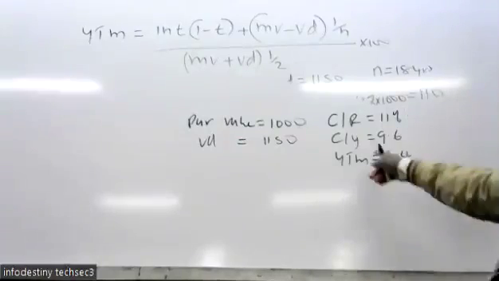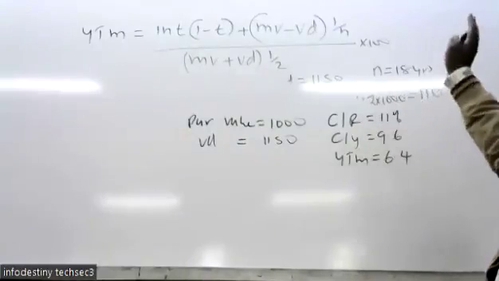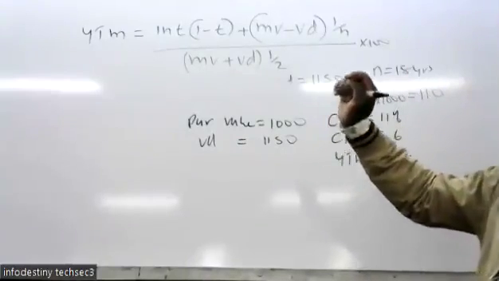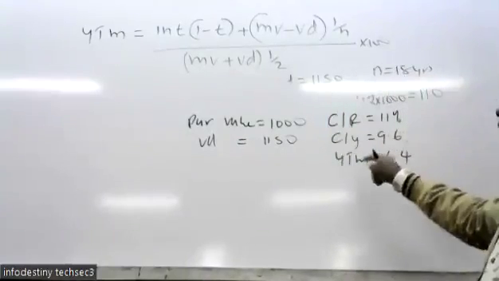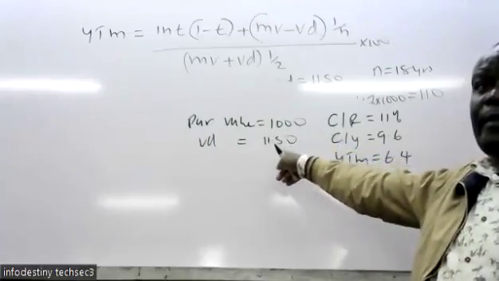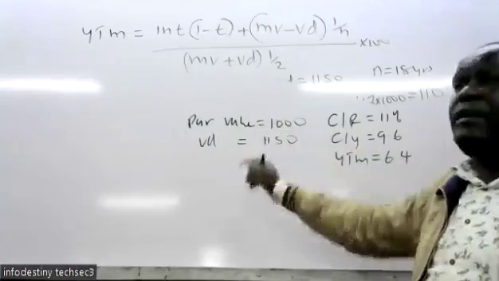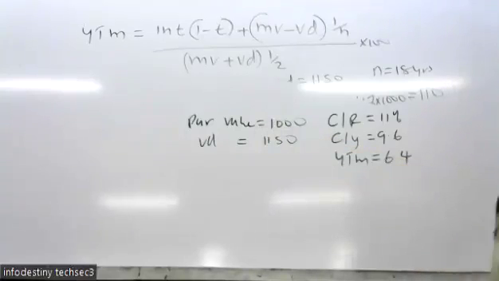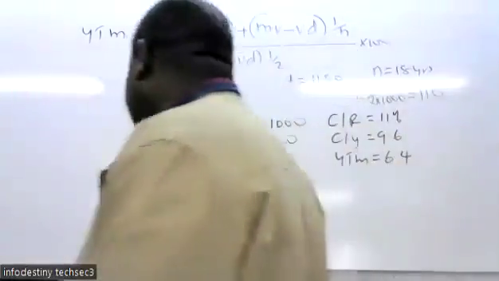So in case the coupon rate is greater than the current yield, which is also greater than the yield to maturity, this bond is selling at a premium. The selling price is higher than the par value.